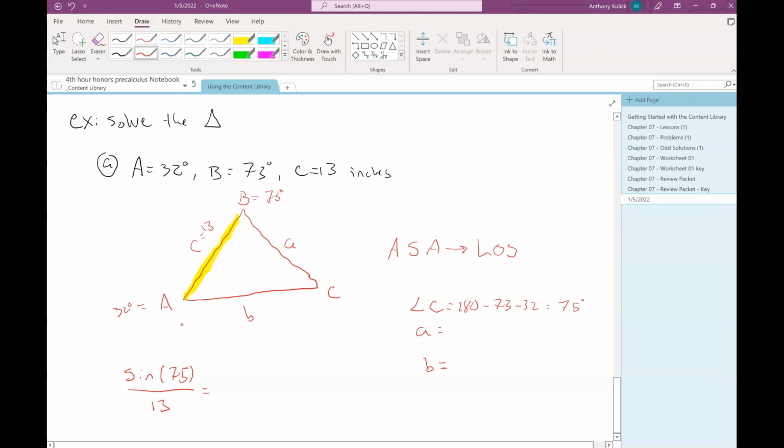Does it matter? It doesn't. So we can do A. Oh, this angle A is 32.